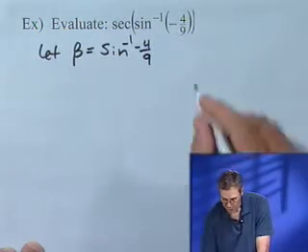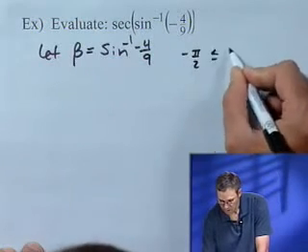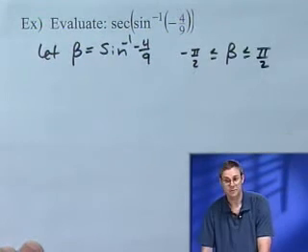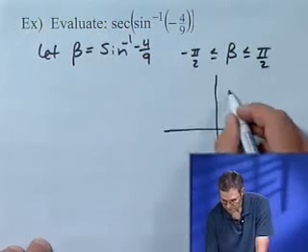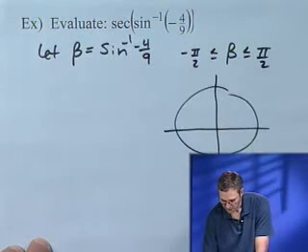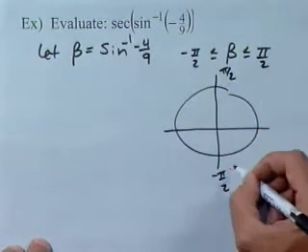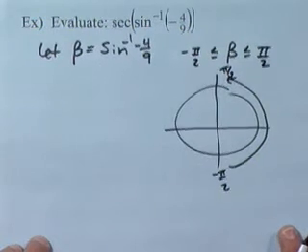Okay, so beta must be an angle in between minus pi/2 and pi/2. So let's go ahead and make a sketch. Beta is some angle between minus pi/2 and pi/2.